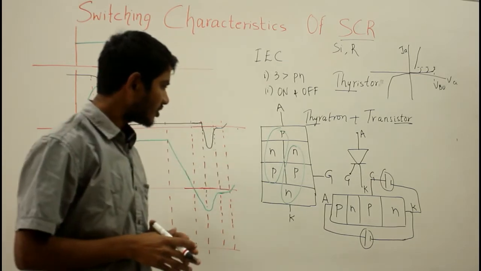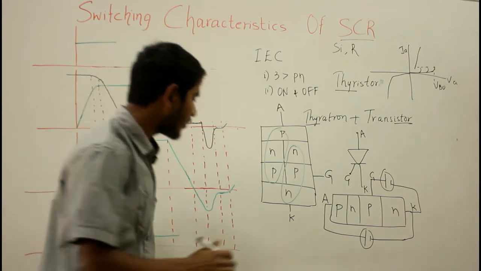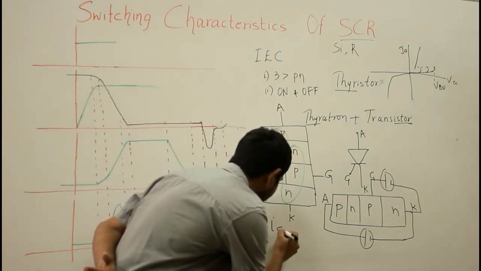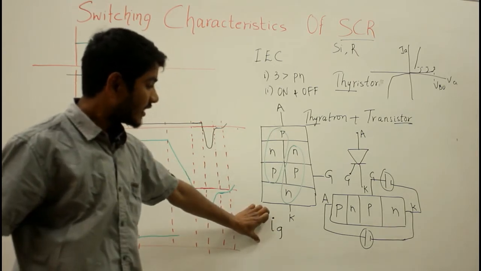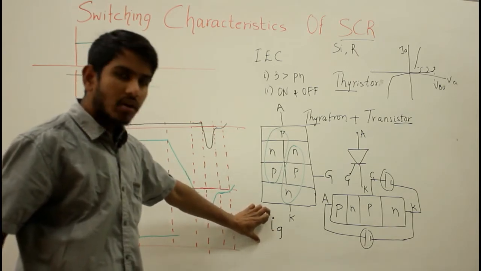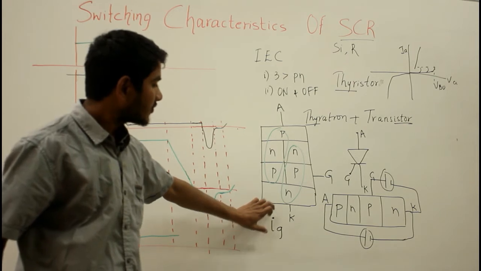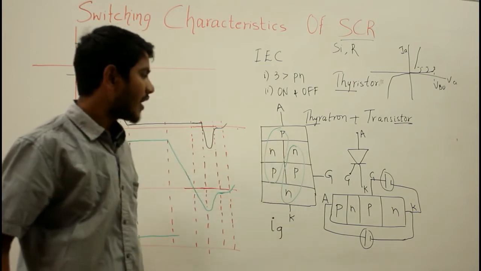Due to the positive continuous feedback effect, when we apply a small gate current, that is Ig, this gate current signal causes a regenerative action in the two transistors.